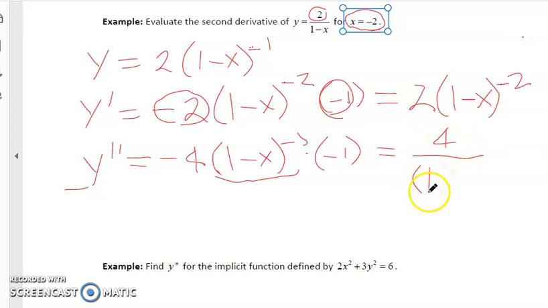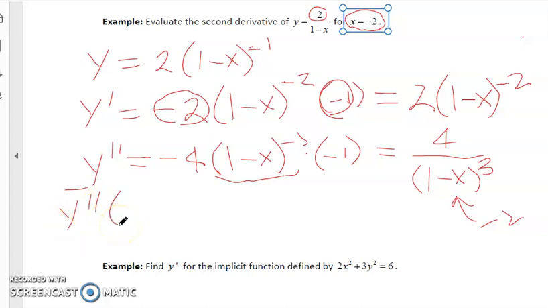And then 1 minus x, you can put it in the denominator with a power of positive 3. And that's where you put your negative 2. Right there. Put your negative 2 in for your x. So 1 take away negative 2. Let me think. That's a 3, I believe. And 3 to the power of 3.